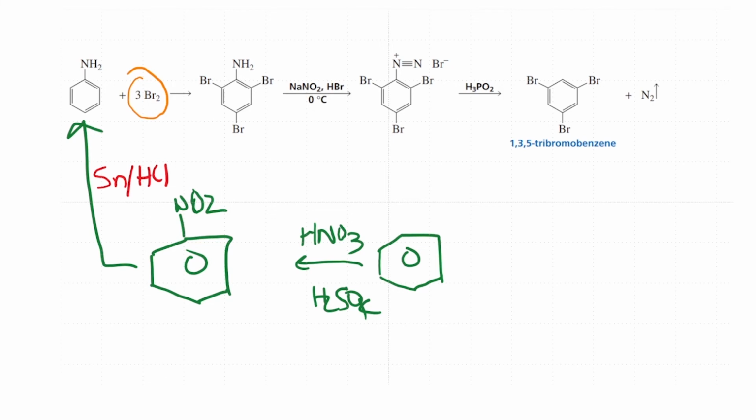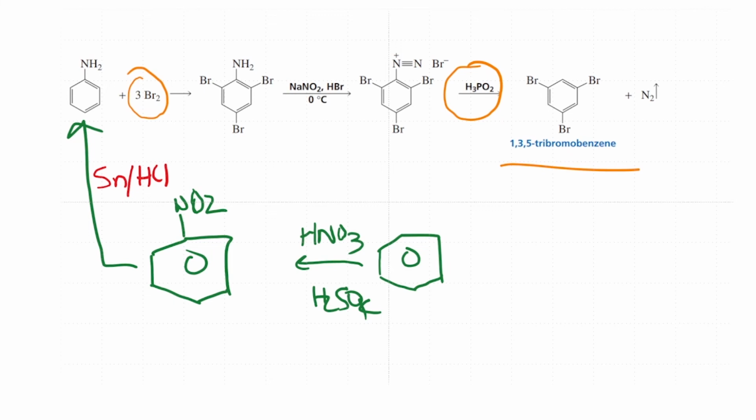Now if you're able to diazotize and produce the diazonium salt, which can then be reacted with H3PO2, the product that you would get is 1,3,5-tribromobenzene, and of course the byproduct is nitrogen. Now how do we convert benzene to aniline? The way we would do this is a nitration on benzene to get nitrobenzene, and then a very simple reduction, which is a Sn/HCl reduction, to get aniline.